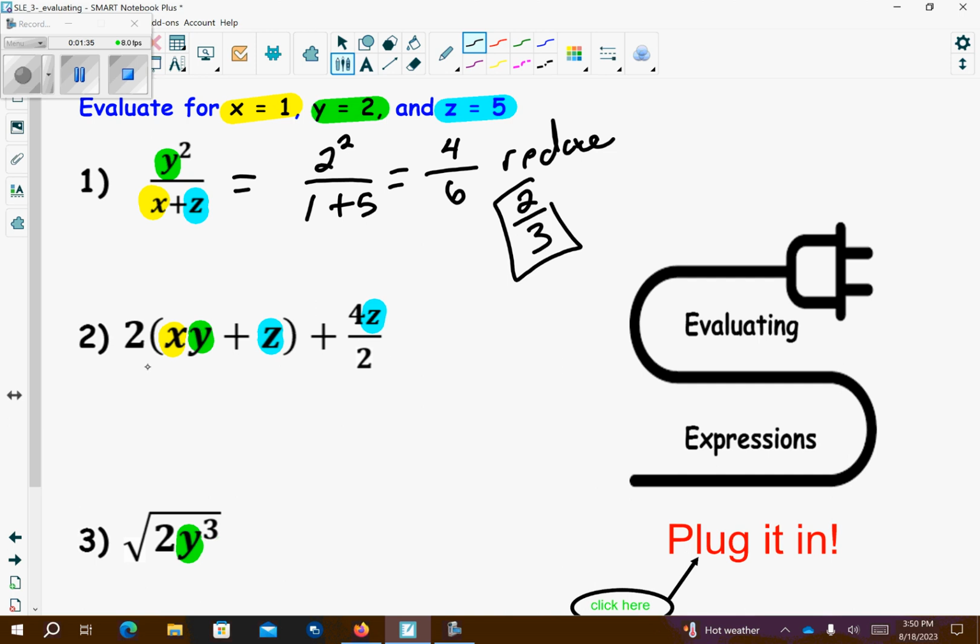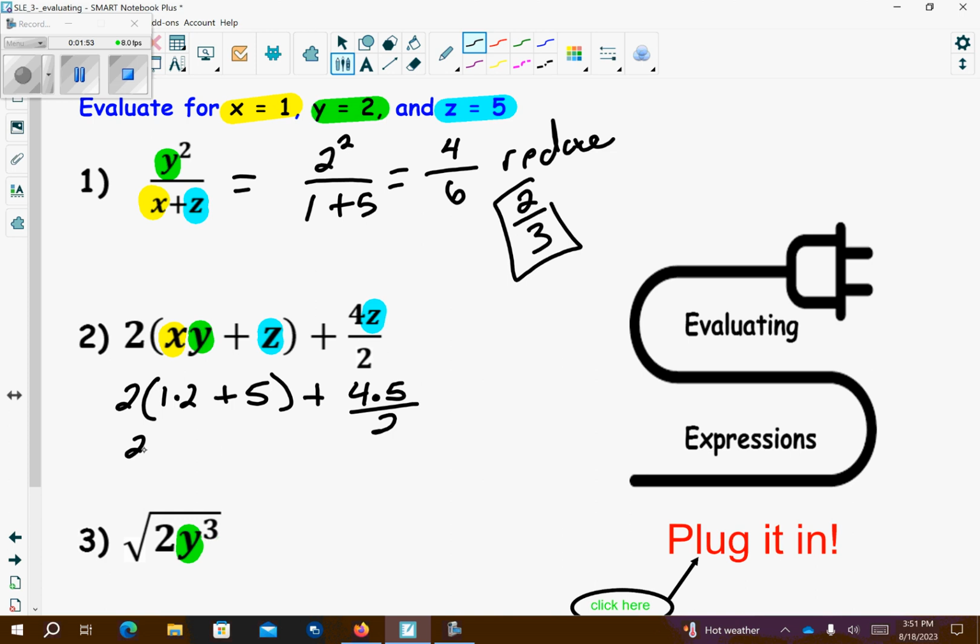In our next problem, we have the 2 that's already there, and then we have x, which is 1, multiplied by y, which is 2, and then we add z, which is 5. Then I have 4 times my z value, which is 5, over 2.